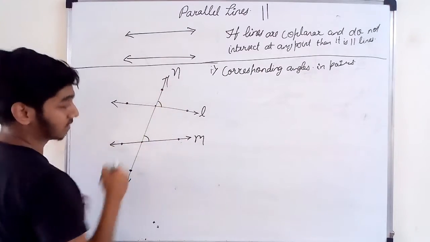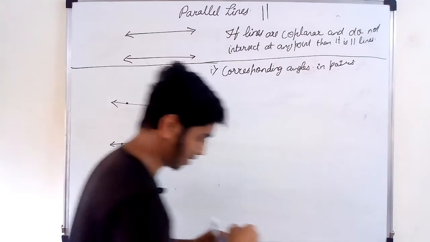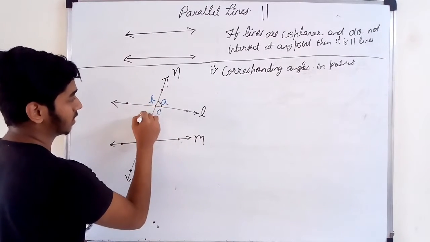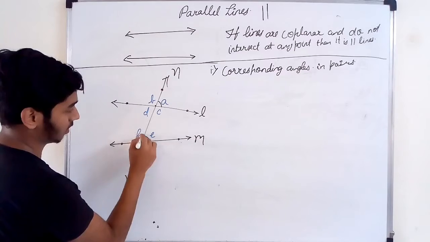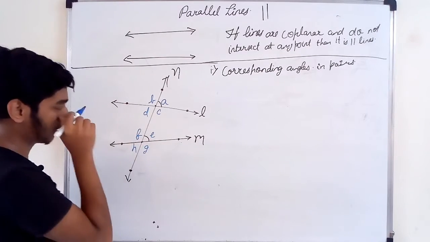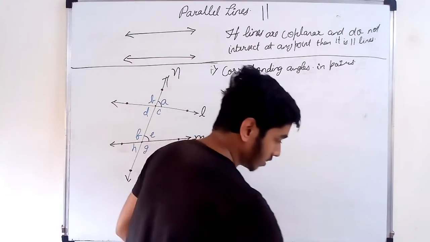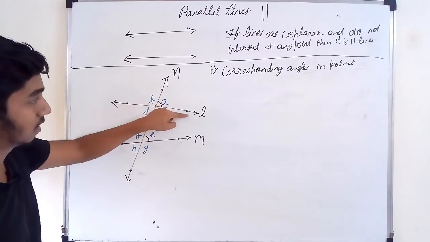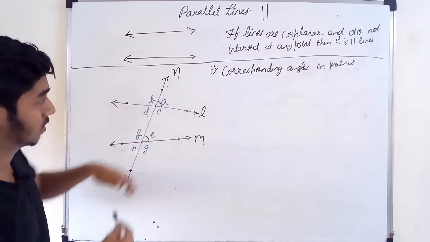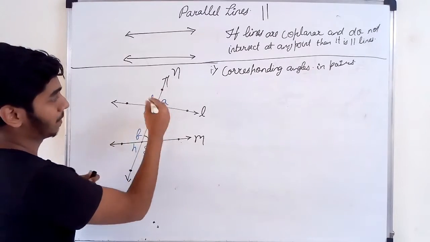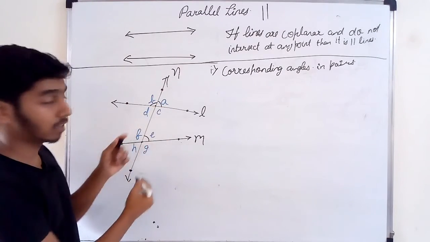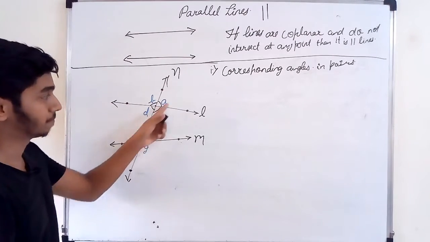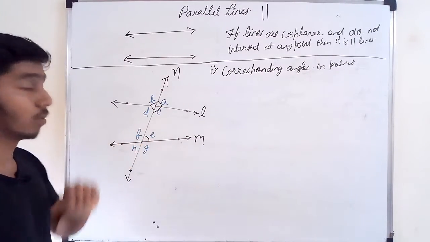Let's name it like this itself. I'll take another marker. Let's name it with A, B, C, D. This is E, F, G, H. So this angle is A, this angle is B, then this is D, and this is C. Same for these four also.